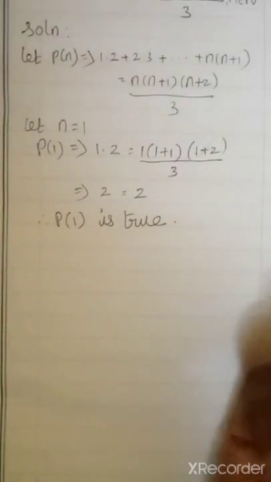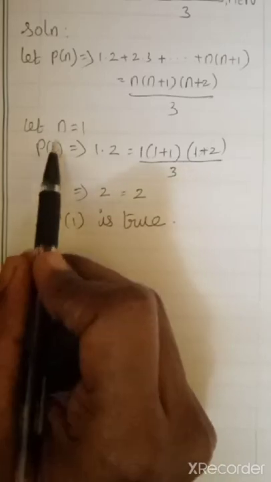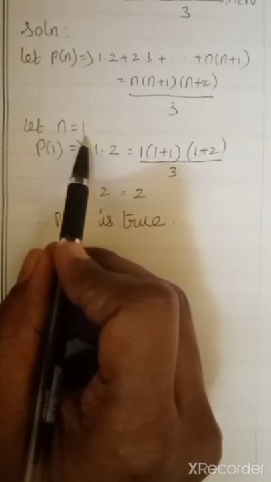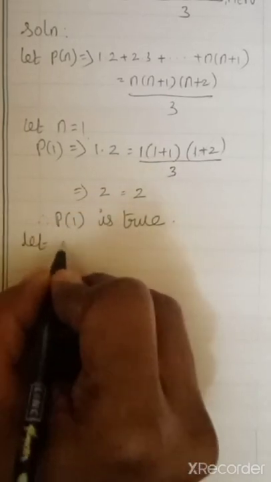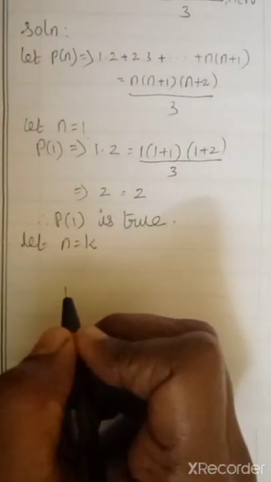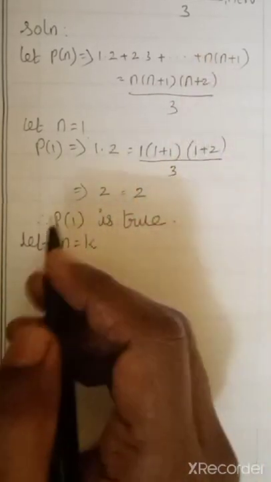P of 1 is true. Is that okay? Now tell me, what is your second step? We have substituted n equal to 1. What is the next step? Yes, let n equal to k. So now what do we have to do? Instead of this n, what are we going to substitute? K. Very good.